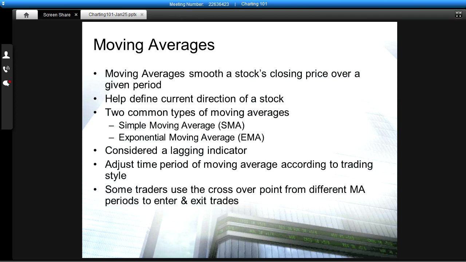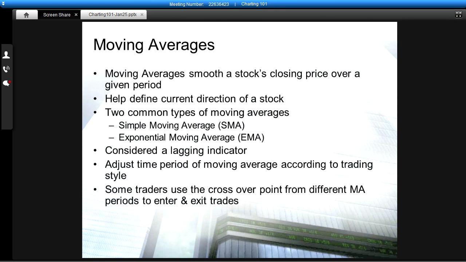If you use a 20 period simple moving average, it takes the closing price of the last 20 days and finds the average and plots it for that day. And then when you move to the next day, it looks back for the average of the last 20 days. So it smooths out and takes out the noise of all the price action.